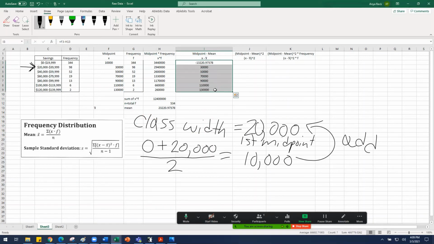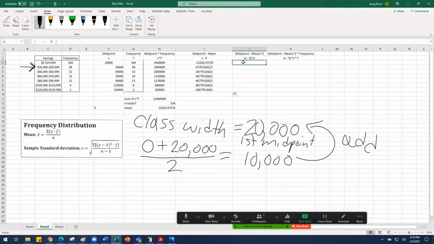So in order to make sure that when we click and drag the formula the mean doesn't change, you type equal midpoint minus the mean, and then you want to put a $ in front of the letter and a $ after the letter. That way the mean is stationary, so that when you click and drag your formula, the mean will always stay in the same spot. So now you can click and drag your formula.